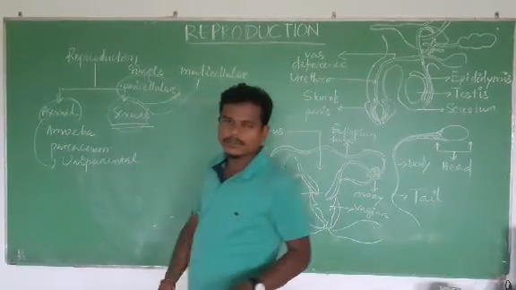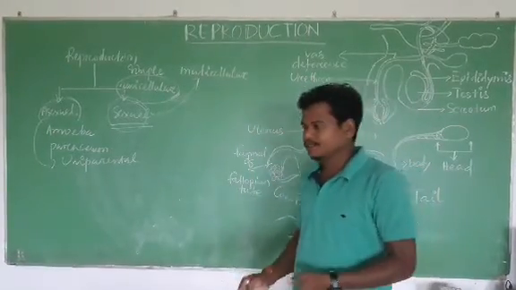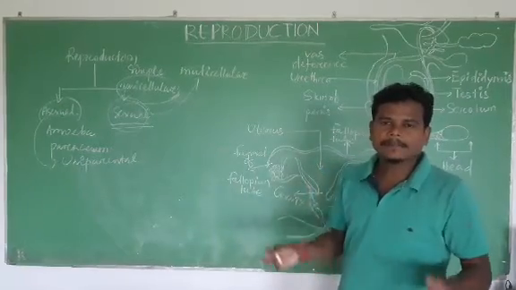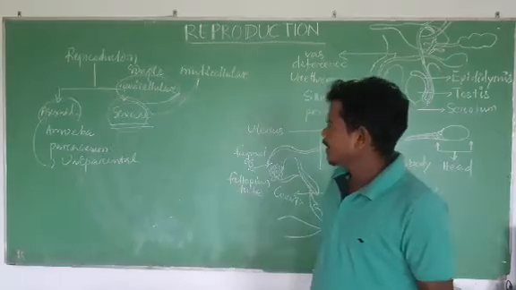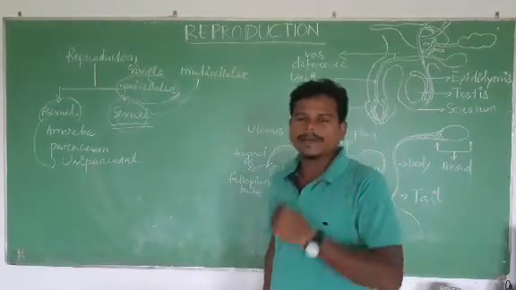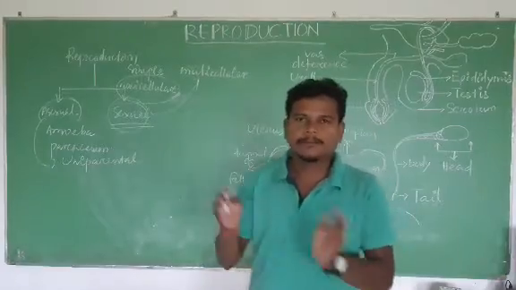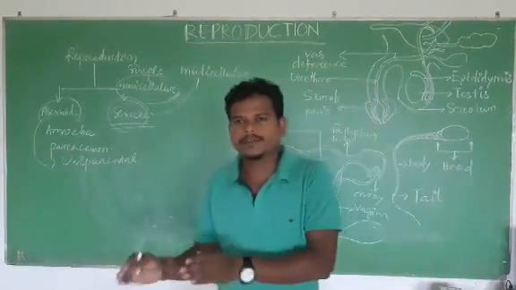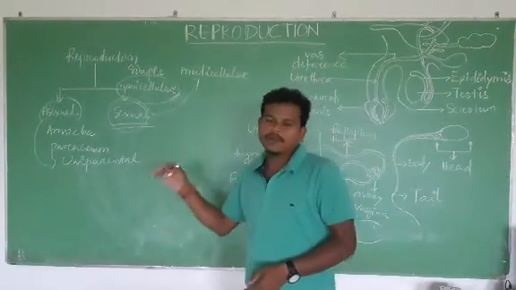The definition of sexual reproduction says it is the process in which offspring are produced with the help of two parents, one male and another female.